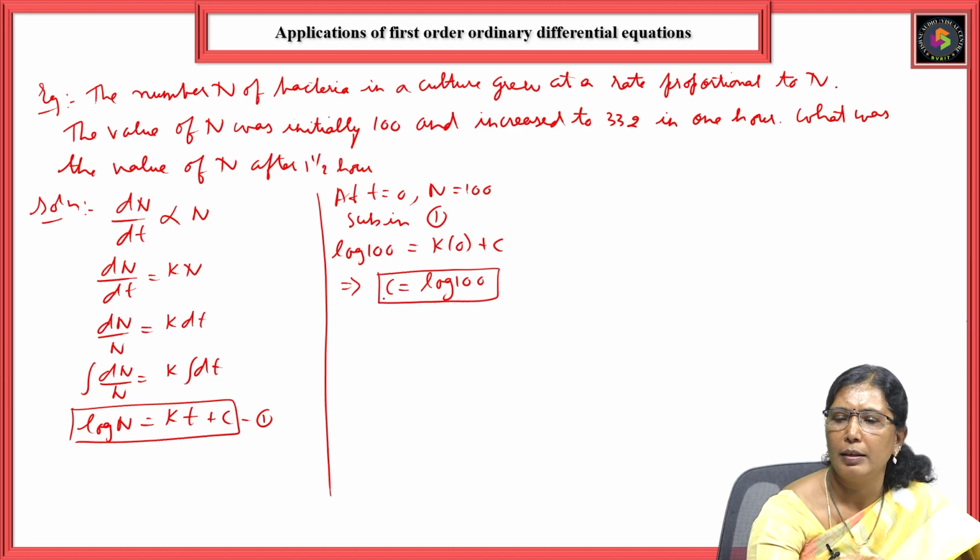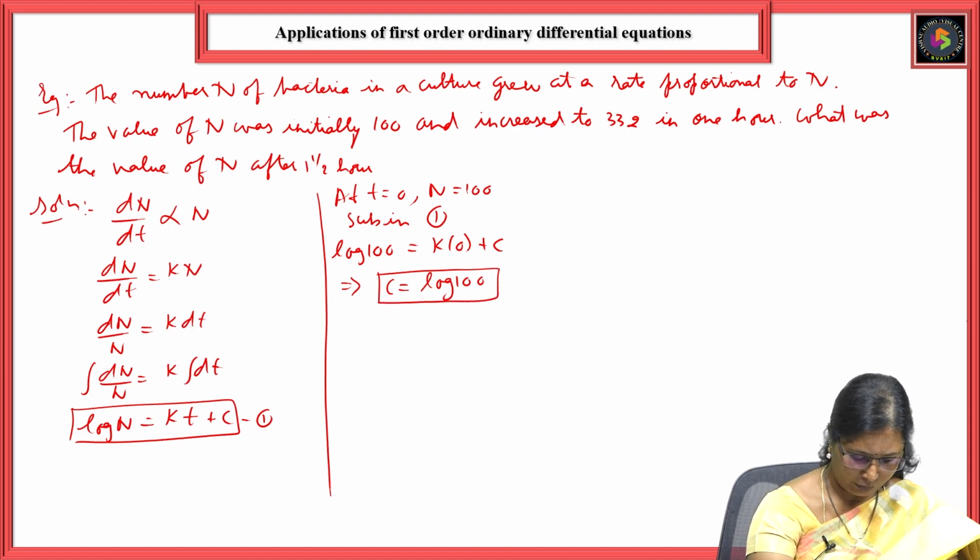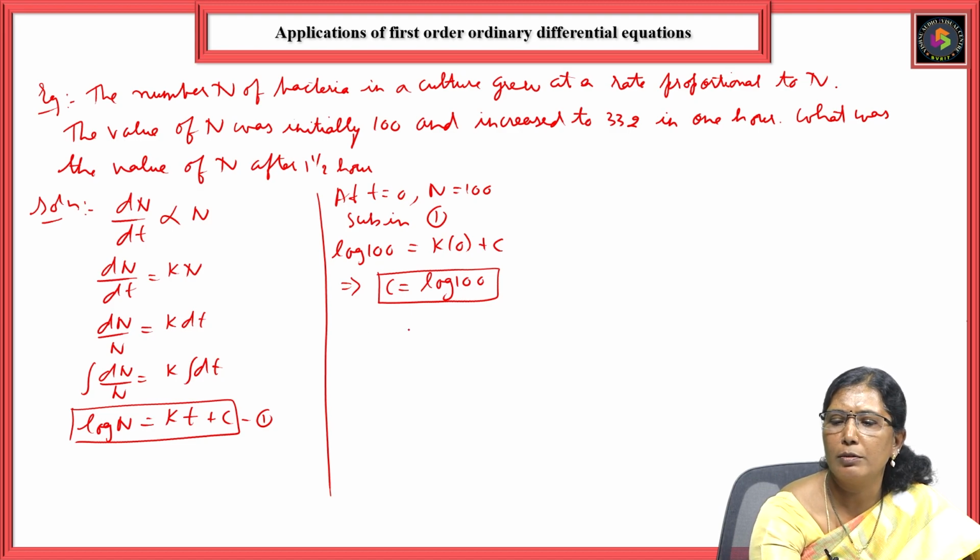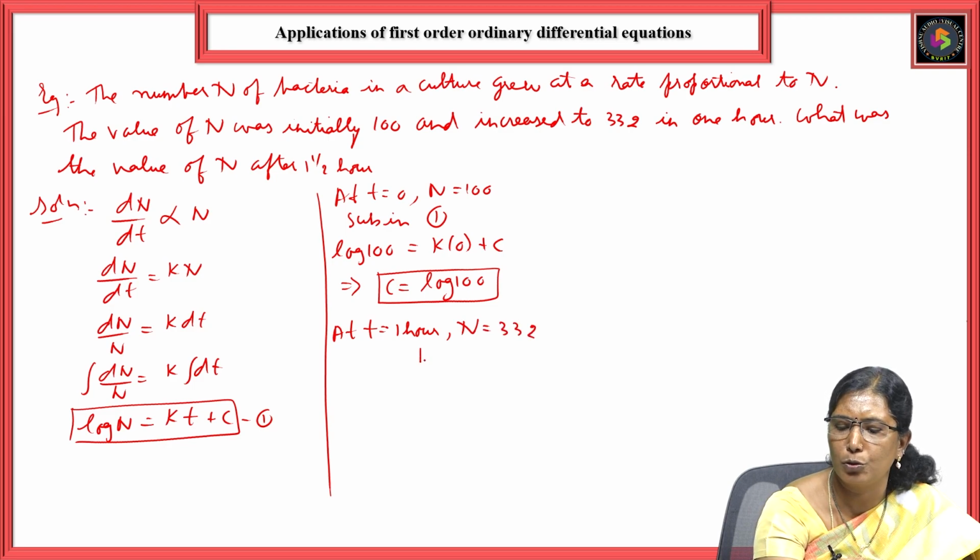Now we have to find the k value. As the time passes 1 hour, the number of bacteria increases to 332. So at time t is equal to 1 hour, the number has increased to 332. Substituting in 1, we get log 332 is equal to k into 1 plus c.